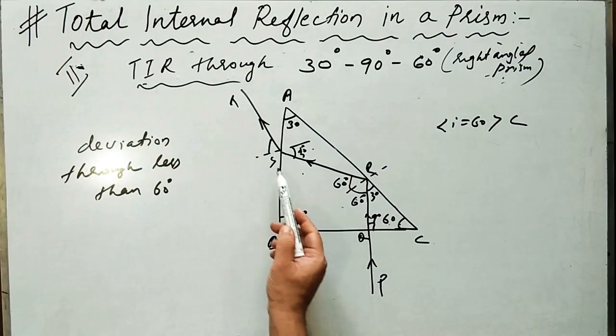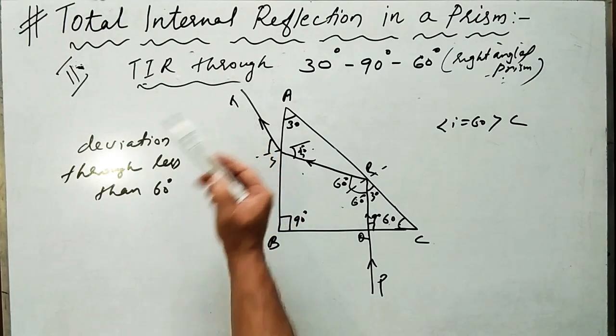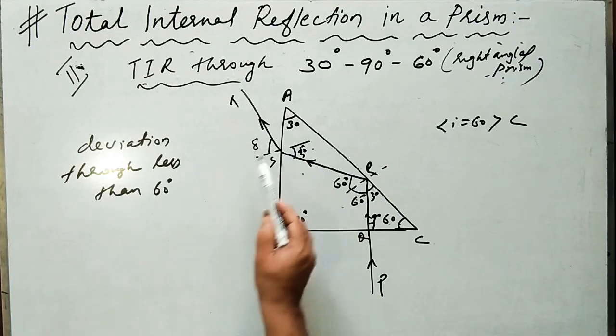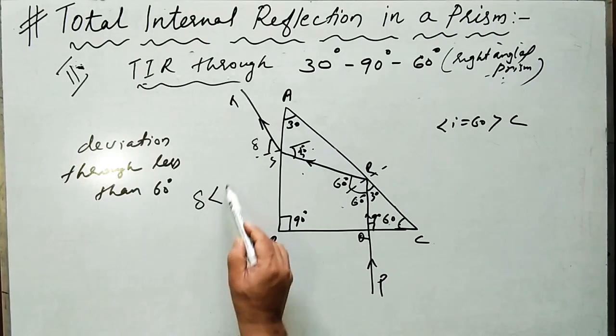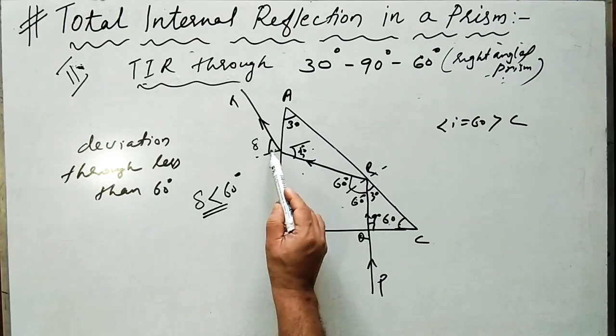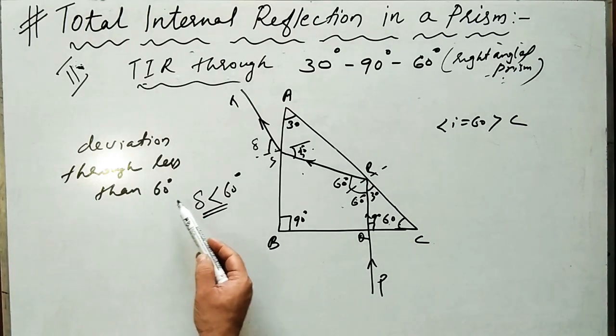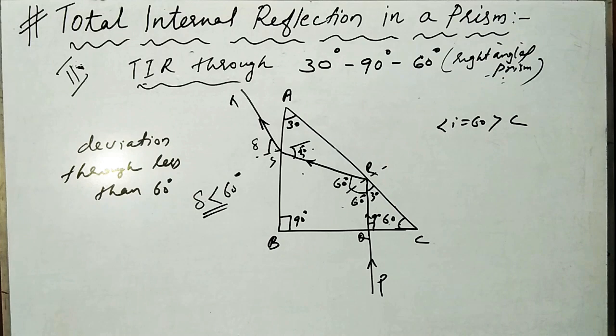You can see that the emergent ray is getting turned through an angle delta, which is less than 60 degree if you compare the angle delta with the incident ray PQ. Alright, so this is the action of right angled prism, which is used to deviate a ray of light through an angle which is less than 60 degree.